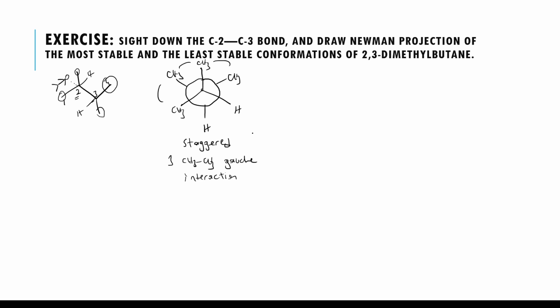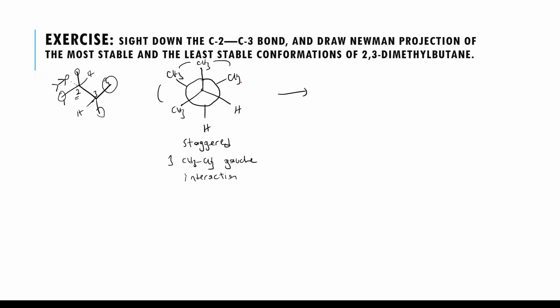These cause steric strain, and it might be the most stable conformer, or it might be a less stable staggered conformer. We have to check other staggered conformers. So how are we going to check other staggered conformers? The strategy is generally rotating either the front or back carbon 120 degrees so that we can end up with another staggered conformer.